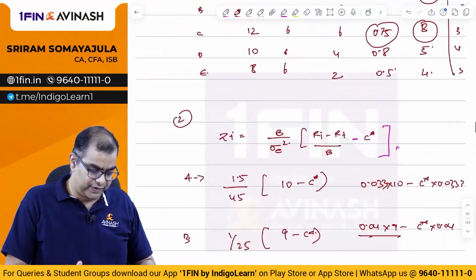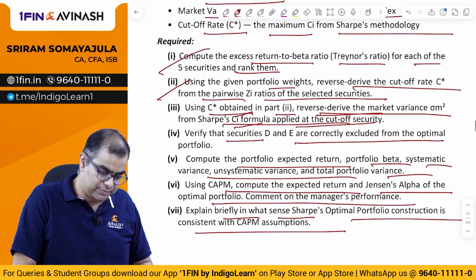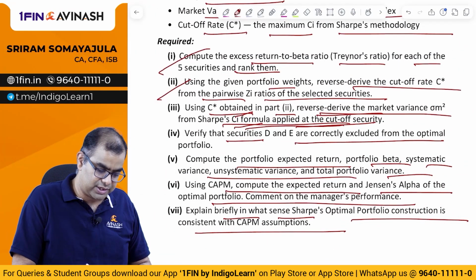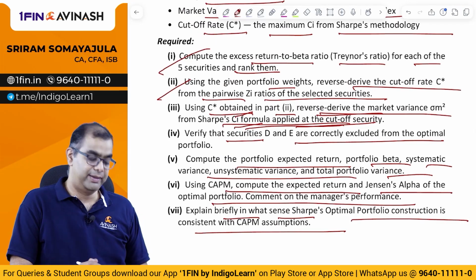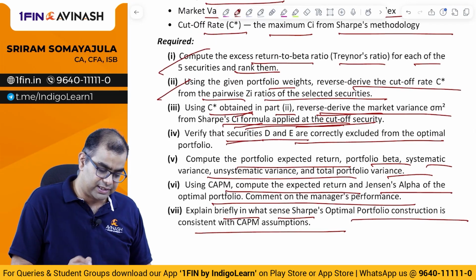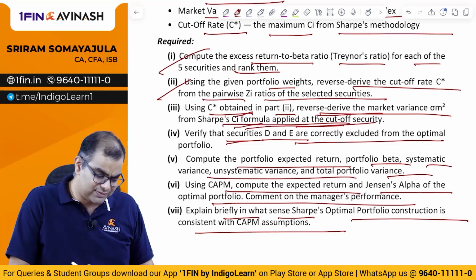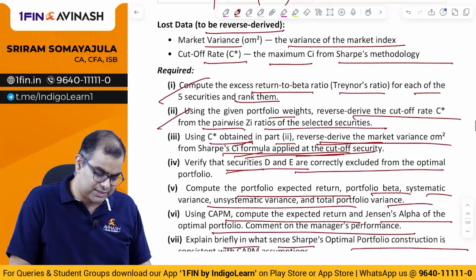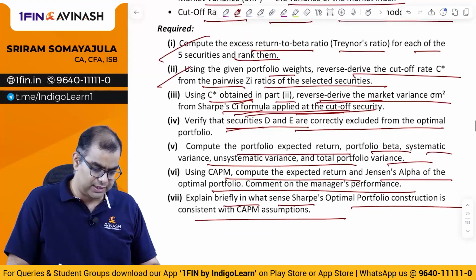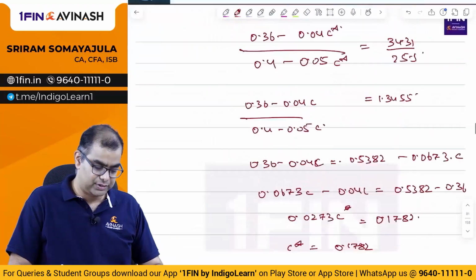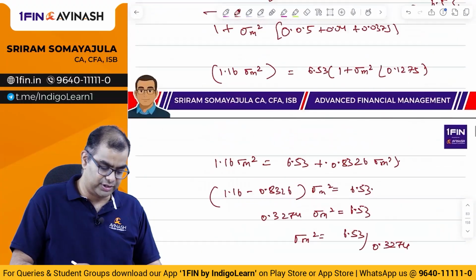Now, what have they asked us to find out? These two we have found out by reverse-deriving market variance applied to the security. What a painful exercise. Verify that D and E are correctly excluded. Why will you have to again exclude? But this is very simple, no? Because their ratio is lesser than the cutoff. This is super simple. We need not do anything.